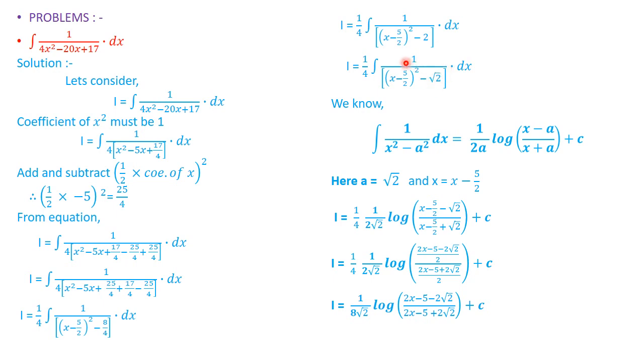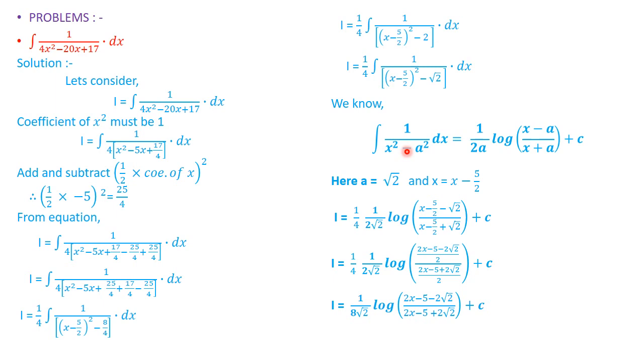Now, can you tell me which form is this one? Can you guess it? This is one of the standard forms. And which is that? 1 by x square minus a square. Isn't it? 1 by x square minus a square.